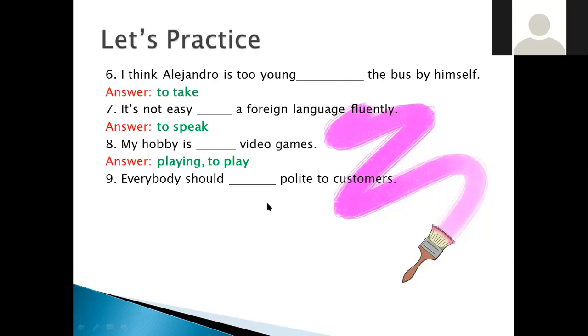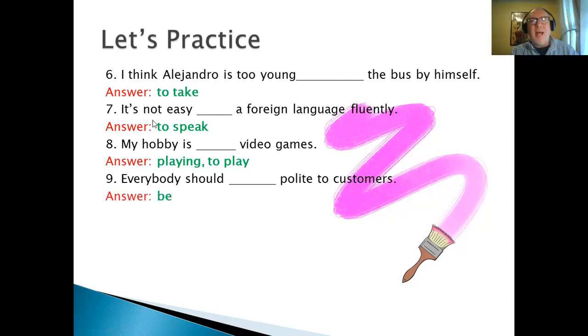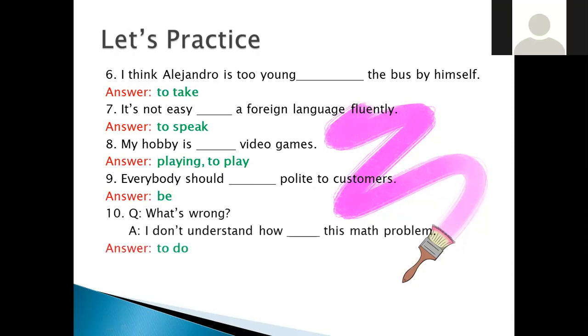Everybody should ___ polite to customers. Should be. Again, we have a modal, should, so we use the base verb. Should be polite to the customer. And number 10. Oops, I gave you the answer already. What's wrong?